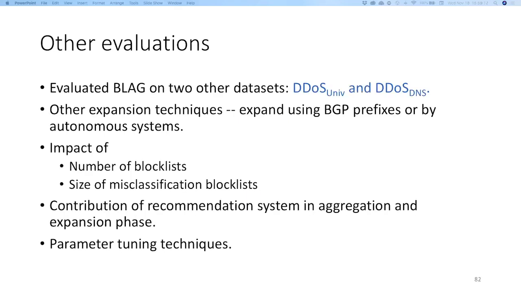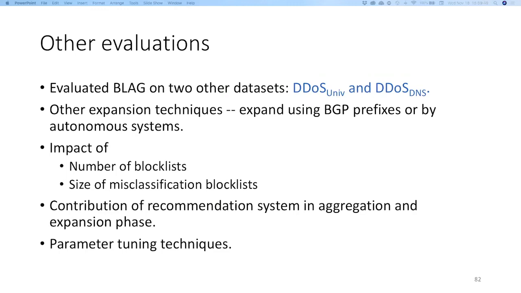You can look into our paper for other evaluations on the other two data sets, which basically include a DDoS to a university network and a DDoS to a root DNS server. And we also explored other types of expansion techniques. Over here, I presented only the expansion technique of /24, but we do look into BGP prefix expansion or even expansion by autonomous systems.